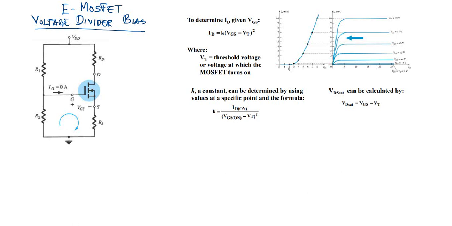As you see, the voltage divider has resistors R1 and R2. Then the drain resistor is RD and the source resistor here is RS, right? And since input impedance is infinity, Ig is 0.